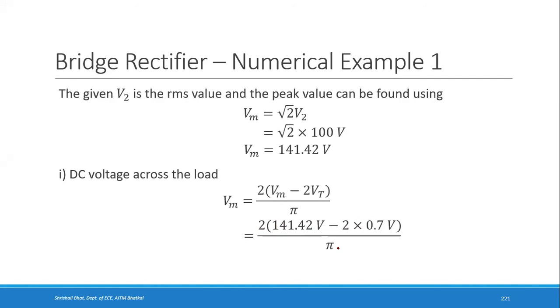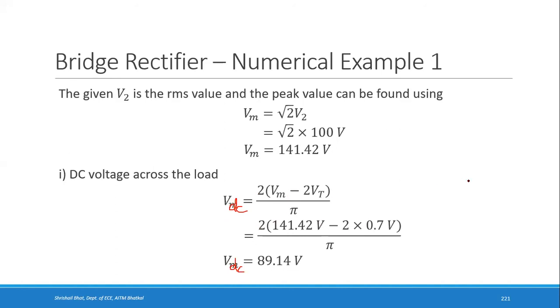What do you get? 89.14 volts. Sorry, this is actually the average value. This has to be VDC. Please correct this. This is the VDC, not Vm. This is VDC, or the average value of the voltage across the load.